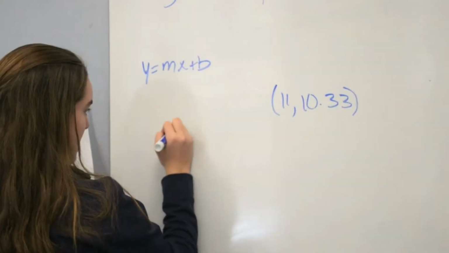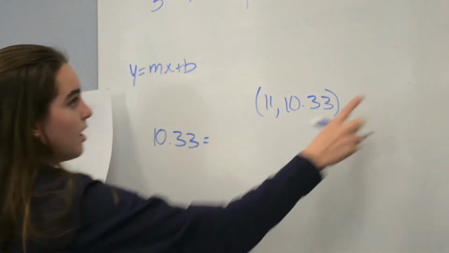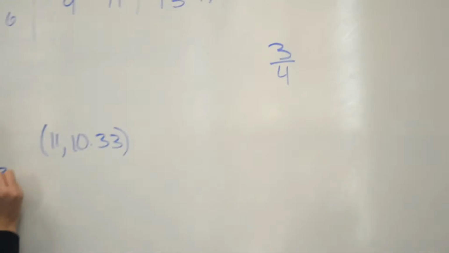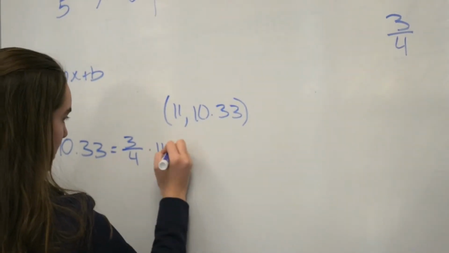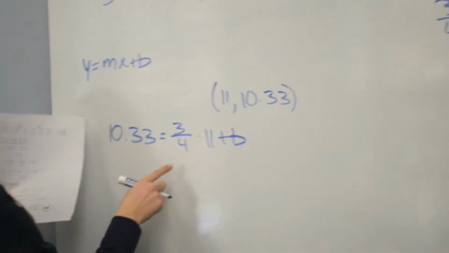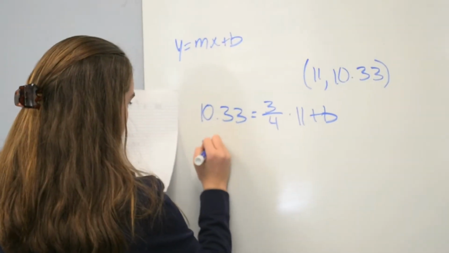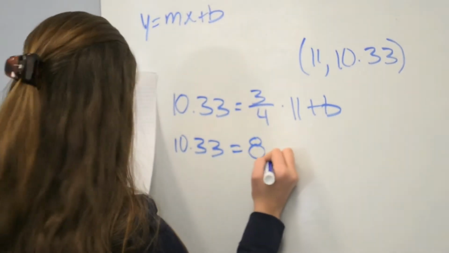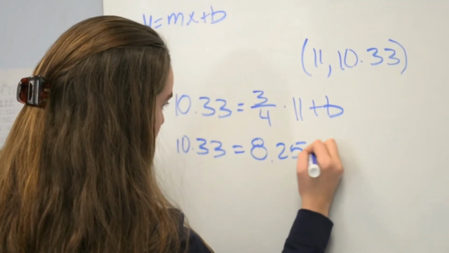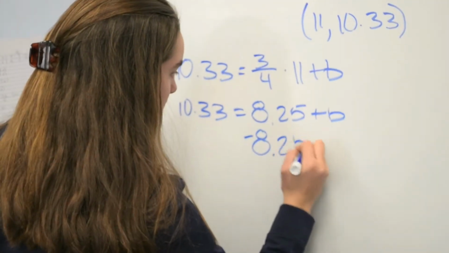So then y is 10.33. So 10.33 equals the slope, 3 over 4, which we found, times the x, which is 11, plus b. So that 3/4 times 11 is 8.25, so 10.33 equals 8.25 plus b. We're going to subtract 8.25 from both sides.